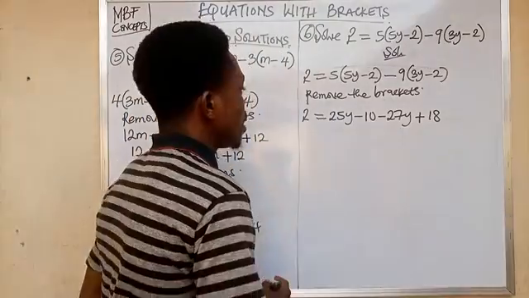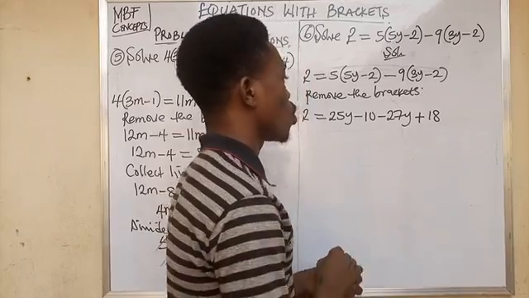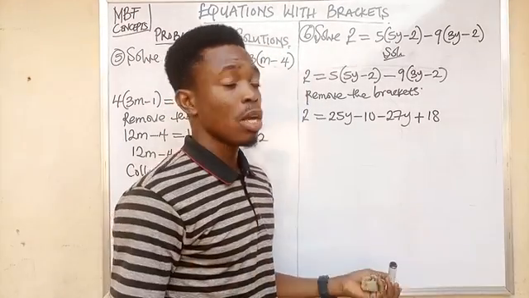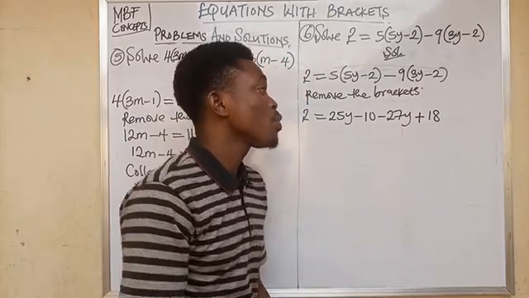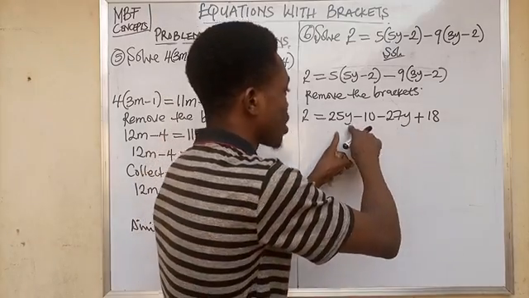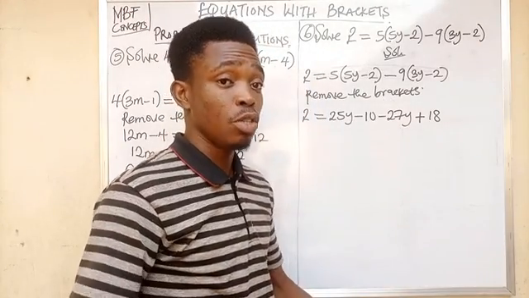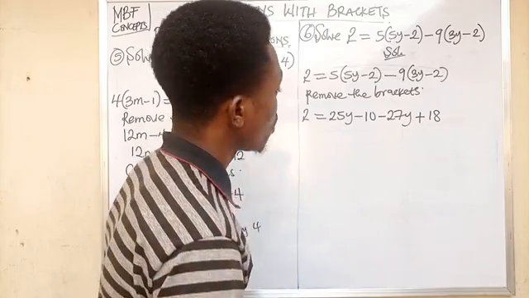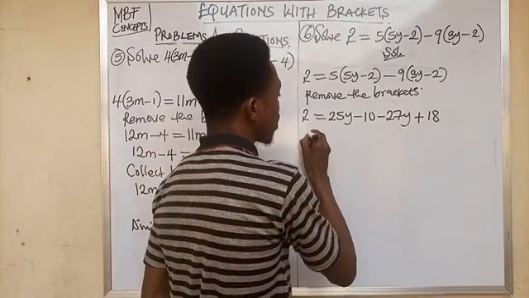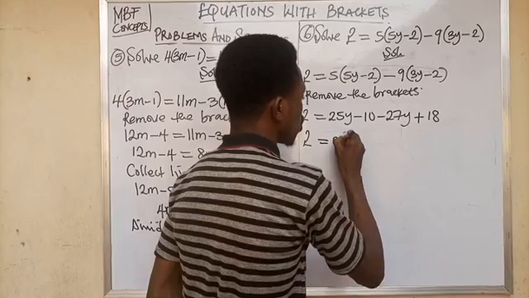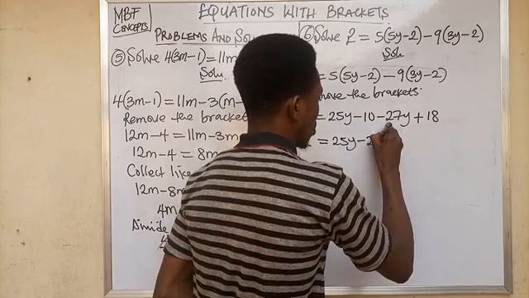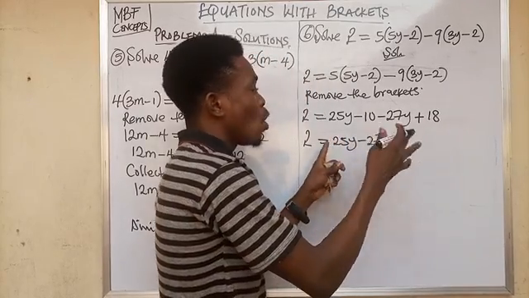Okay, now the next thing we are quickly going to do is to rearrange these terms. Of course, we can collect like terms, or we can decide to first of all reduce the right hand side to the best we can. So in this case, we can say 2 is equal to 25y minus 27y. Guys, I am only rearranging it.